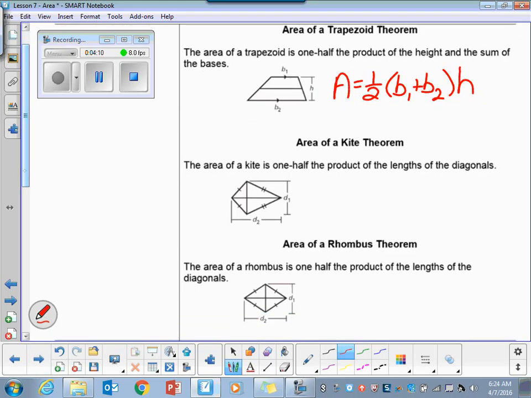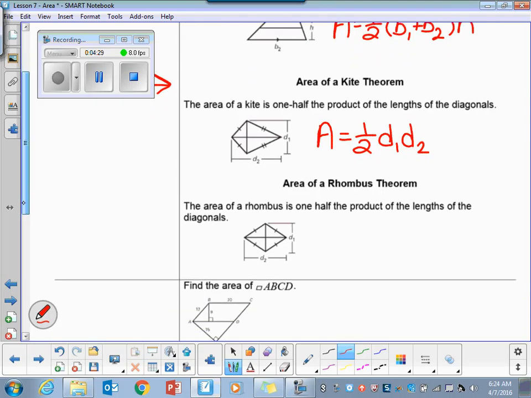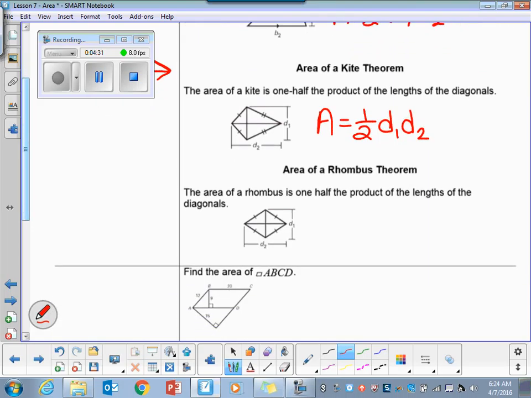Now this one's new, so I'm going to draw your attention to it because up till now you're probably bored. But area of a kite equals 1/2 the length of the first diagonal times the length of the second diagonal. Okay, remember that diagonals in a kite are perpendicular to each other.